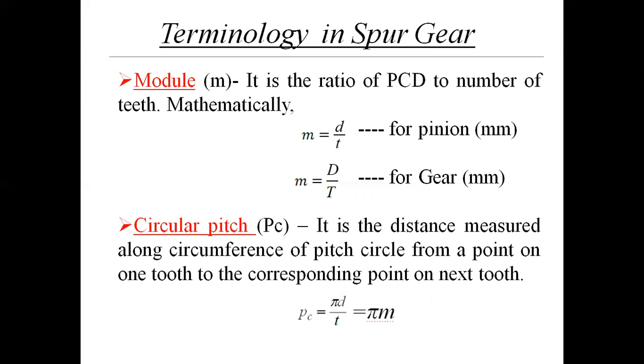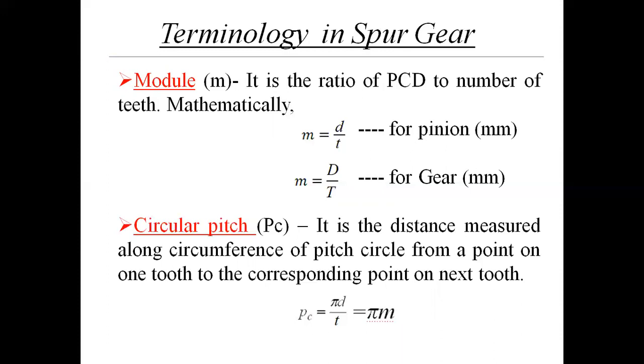For meshing the teeth of pinion with the teeth of gear, the value of module for both the wheels should be the same. Only then will the teeth of pinion and teeth of gear mesh with each other and transmit the motion and power.